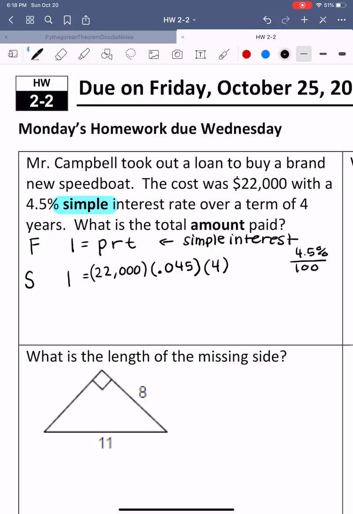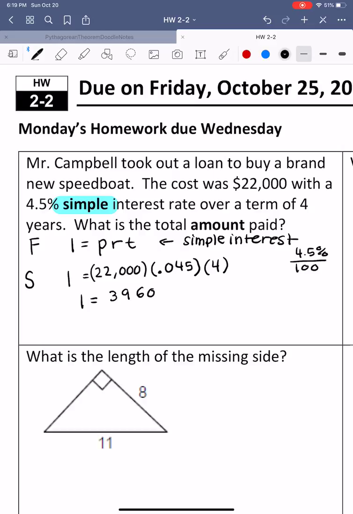When I multiply all these across, I'm going to get 22,000 times 0.045 times 4. The interest that I've earned, or that I've paid, is going to be 3,960.